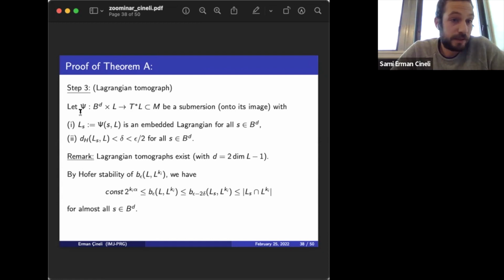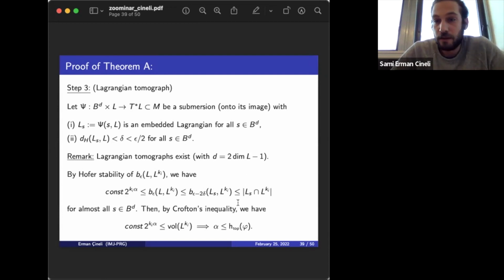Since psi is a submersion, for almost all S, L sub S is transverse to L to the Ki. So when we have transverse Lagrangians, intersection numbers are more than the number of bars. Now we apply Crofton's inequality.